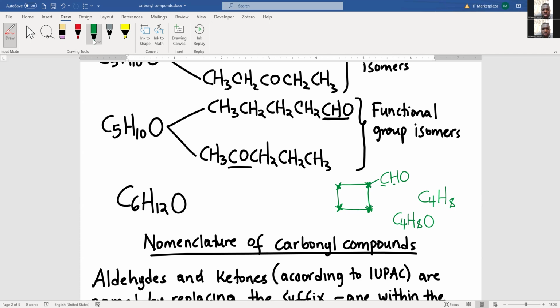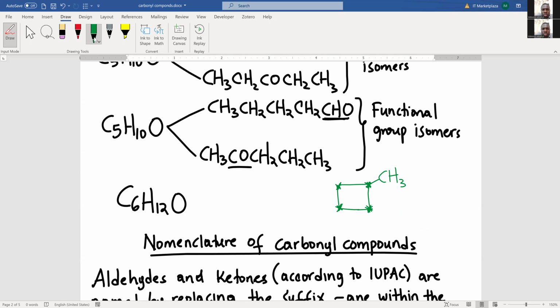Alternatively, no, this is C5. Sorry. This is C5, not C4. Alternatively, I can also have the following. I can have CH3.